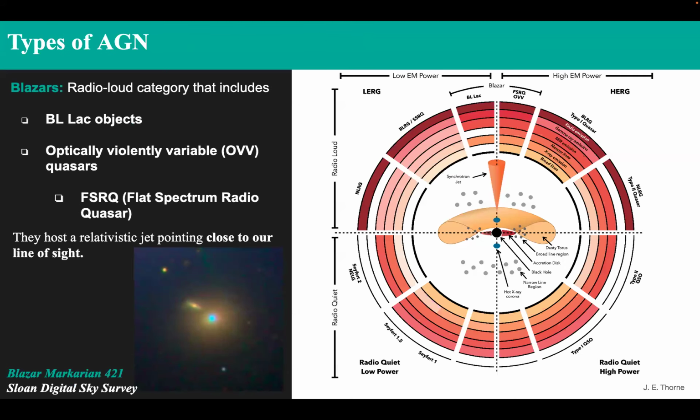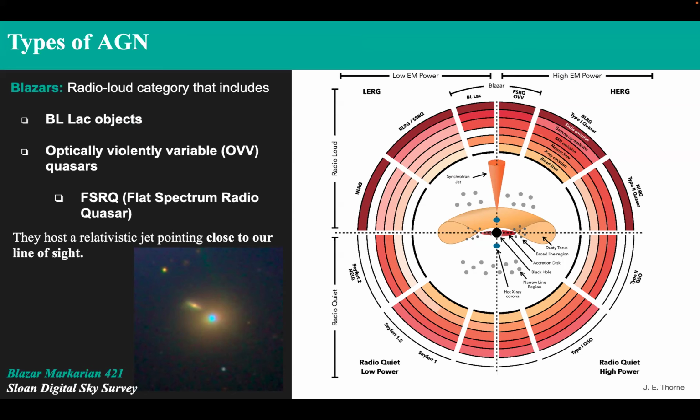There are two types of Blazar, the radio loud and the radio quiet. The radio loud have very strong radio emission. Blazars are in the radio loud category, where they have some subcategories, which are the BL Lac objects and the optically violently variable quasars.